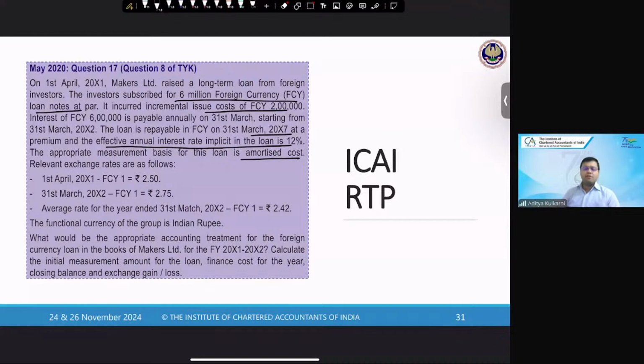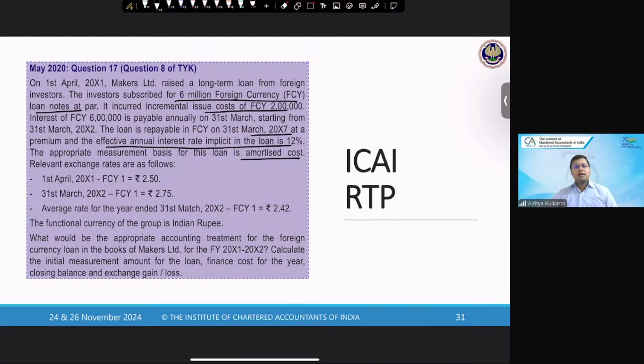So there are a couple of new terms you are looking at. One is your effective annual interest rate. One is your amortized cost. Have you heard these terms before? I'm just trying to see if I can unmute you guys, so you can put in your answers.